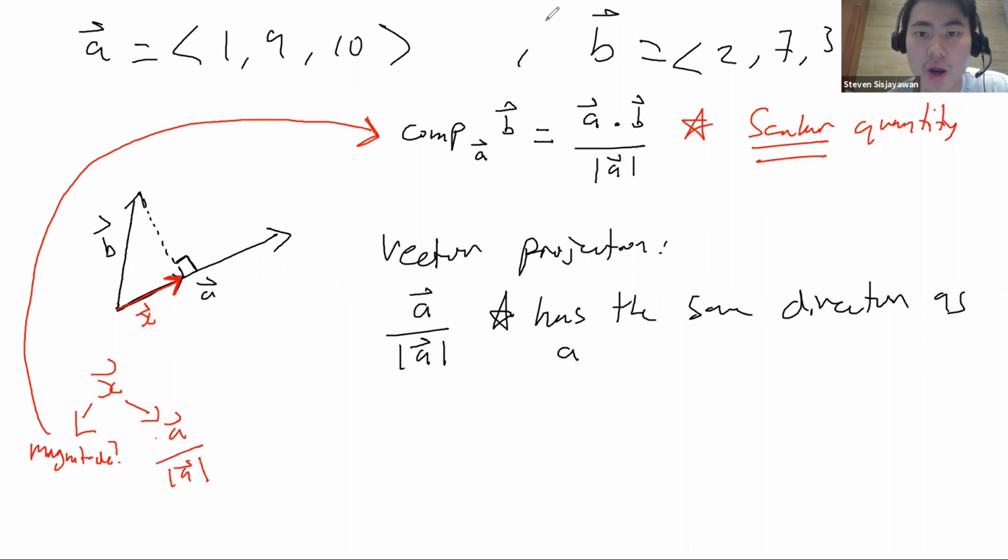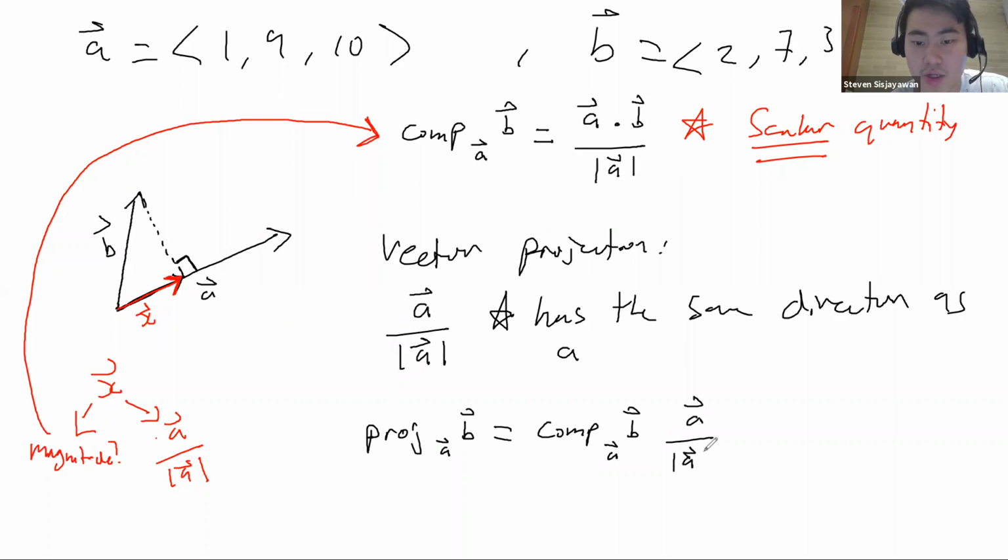And that's why, when you look at the formula for the vector projection of B onto A, it's the same thing as comp B onto A multiplied by the vector A divided by the magnitude of A, okay?